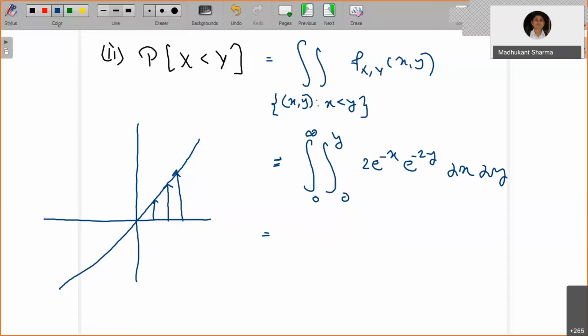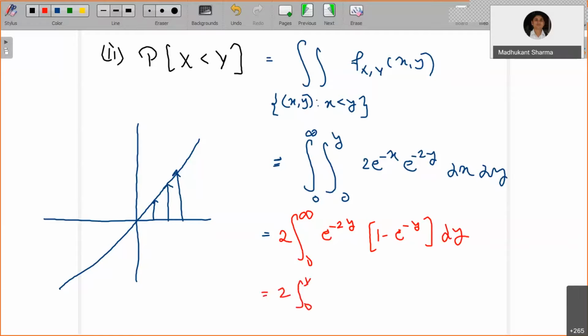So it is the integral from 0 to infinity of 2 times, integrating with respect to x, e to the power minus 2y, which is a function of y, so it stays outside. And the integral of e to the power minus x is minus e to the power minus x, with upper limit minus lower limit. I hope you can verify that this gives 2 times the integral from 0 to infinity of e to the power minus 2y minus e to the power minus 3y, dy.